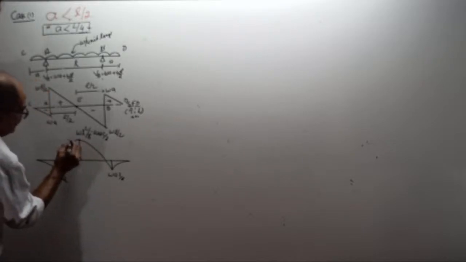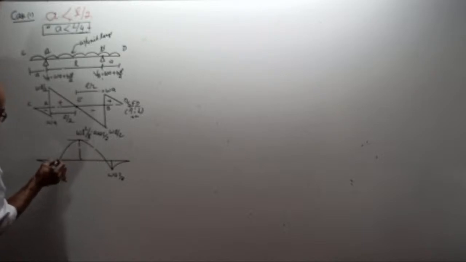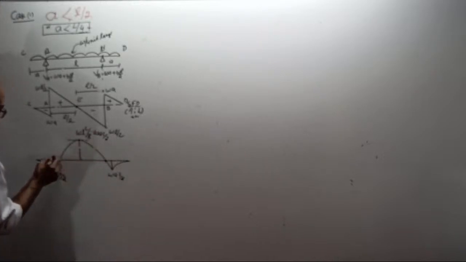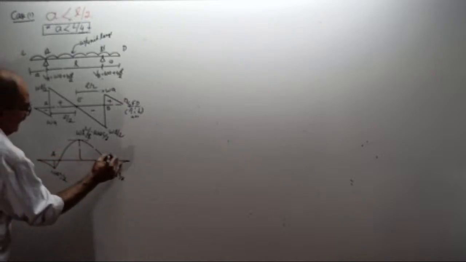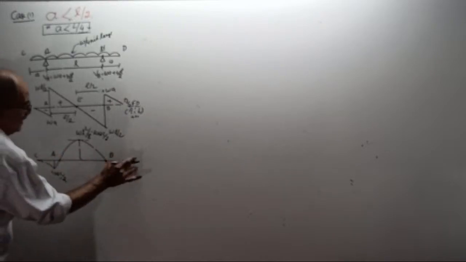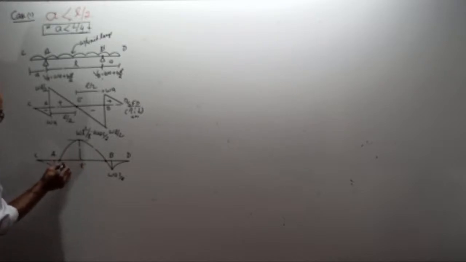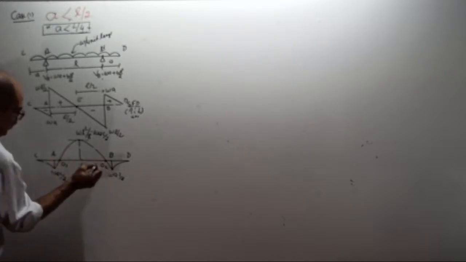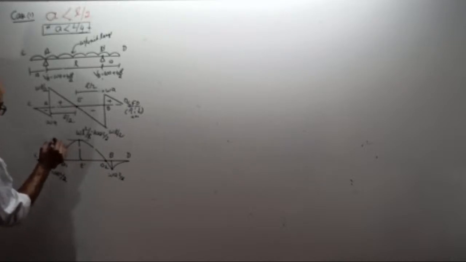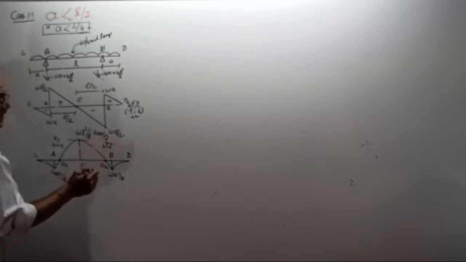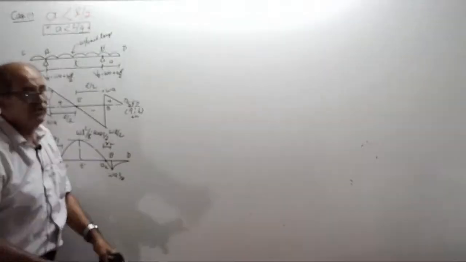If I draw a tangent here, with 0 slope, there will be 2 points of contraflexion. This is A, B, C, D, E, and say one point O1, the other point O2, at distances X1 and X2. You can find it by equating the bending moment to 0.